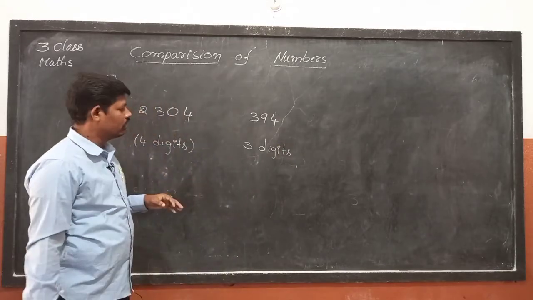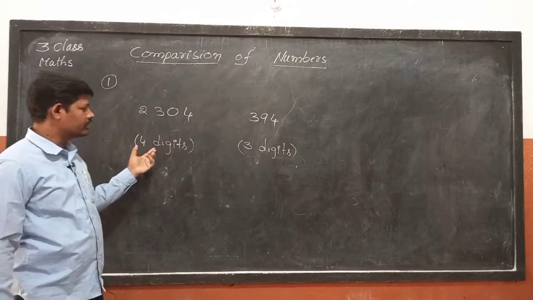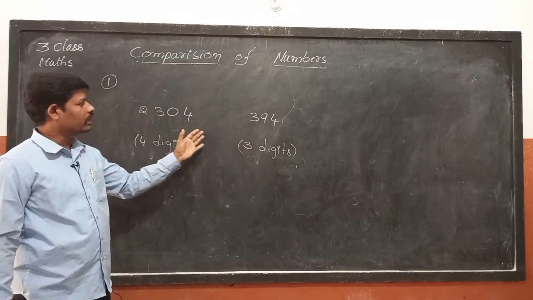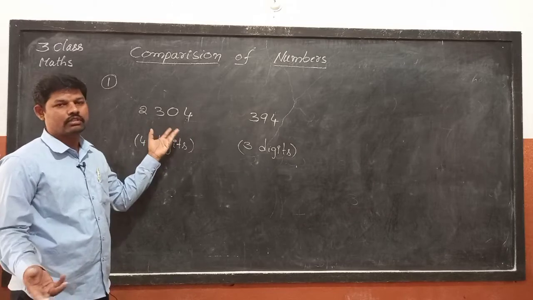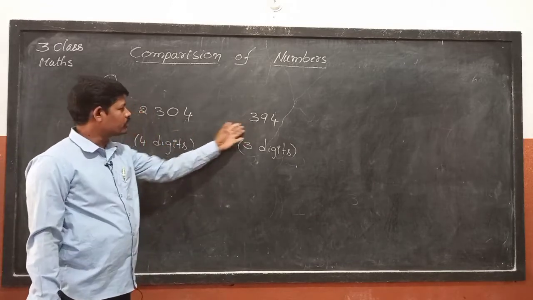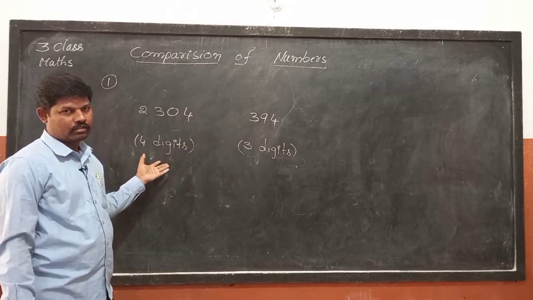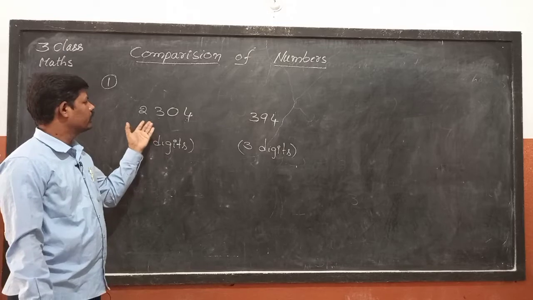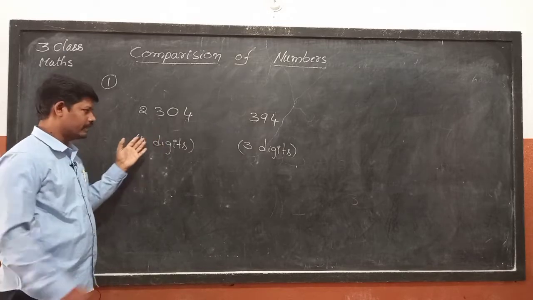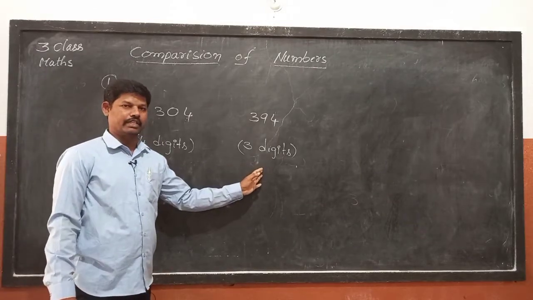So, by observing the number of digits, you can simply say which is a big number and which is a small number. From these two numbers, which is the big number? Yes, exactly, this is the big number. Why? It has more digits. This one has fewer digits.